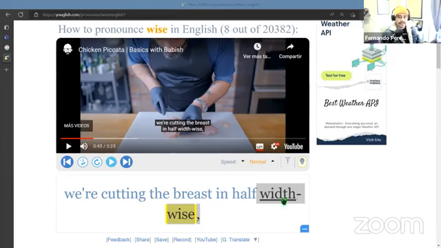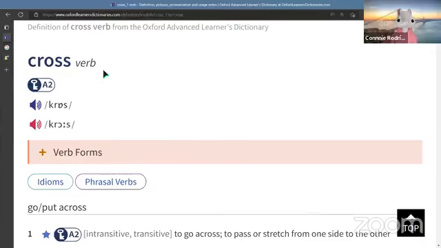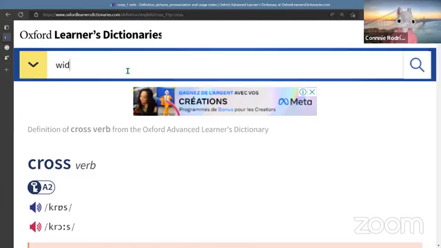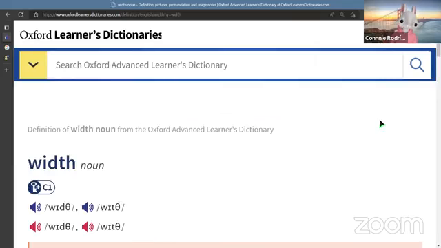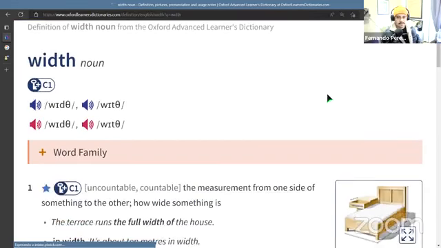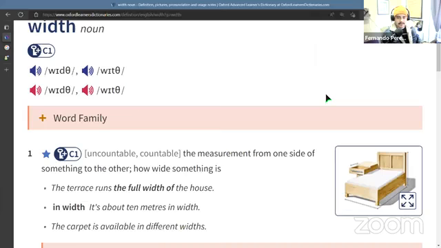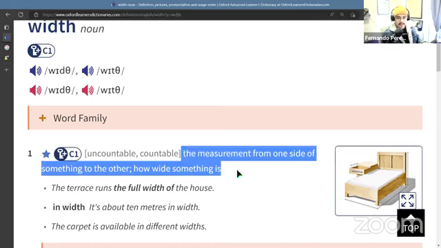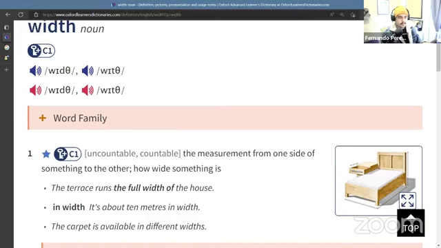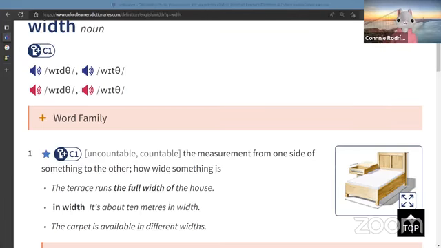Okay. Do you know what is width? Nope. That's why. Yeah, you know. But we have not checked it for a long time. Read this. The measurement from one side of something to the other, how wide something is.